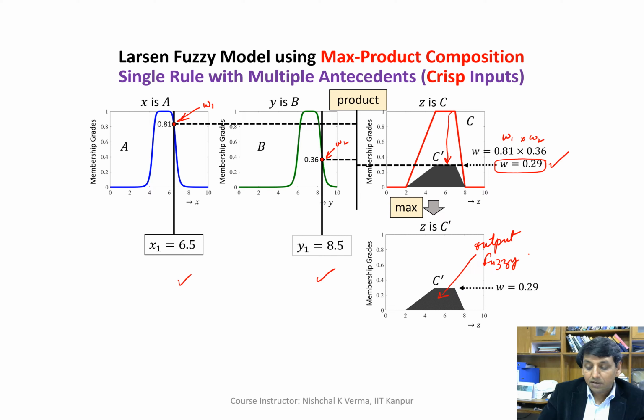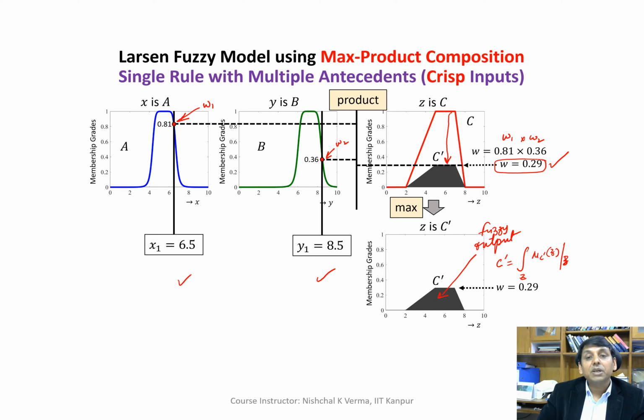Since we have a single rule, max is really not applicable. We have only one, whatever output comes will remain. So the fuzzy output is C dash, and C dash is the integral of mu C dash of z, with z small. This is how this output will be represented.